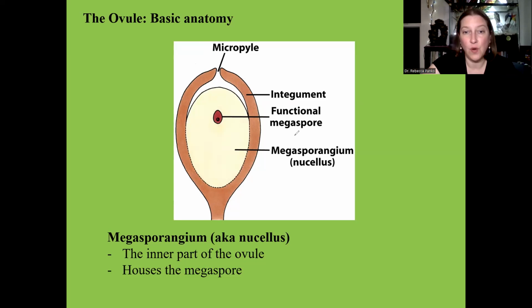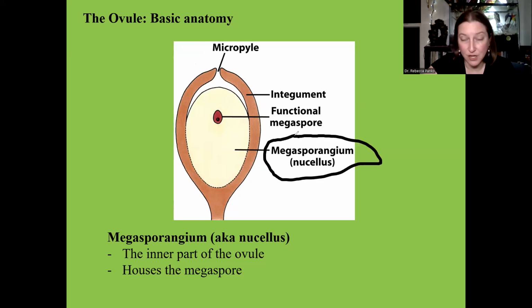Inside of the ovule, you have the sporangium. Because we're dealing with egg, we know there's a female gametophyte. Sorry, I'm getting ahead of myself here. Let's slow down. We need the megasporangium to make the megaspore, and the megaspore will be what grows into the female gametophyte plant, right?